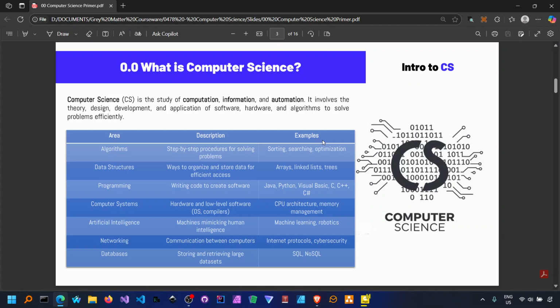We also talk about programming, looking at programming languages like Python, Visual Basic, and Java. Then we're looking at computer systems, when you're talking about hardware, low-level hardware, CPU architecture, and so forth. We'll also be talking about AI, networking, and databases as we progress with the syllabus.